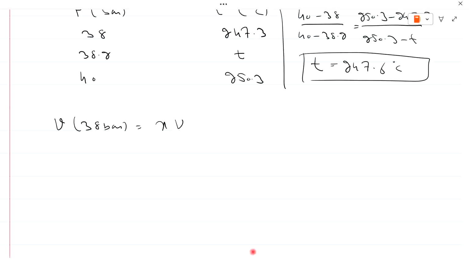Now to find specific volume, first find specific volume at 38 bar. Formula is x Vg. The value of x is given to us, which is 0.8, and Vg at 38 bar is 0.05246 meter cube per kg, which gives 0.042 meter cube per kg.